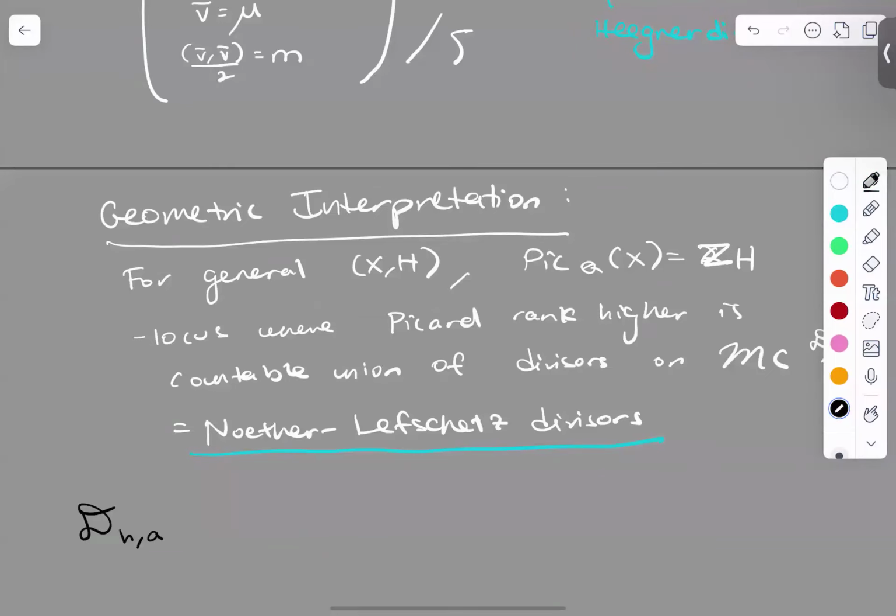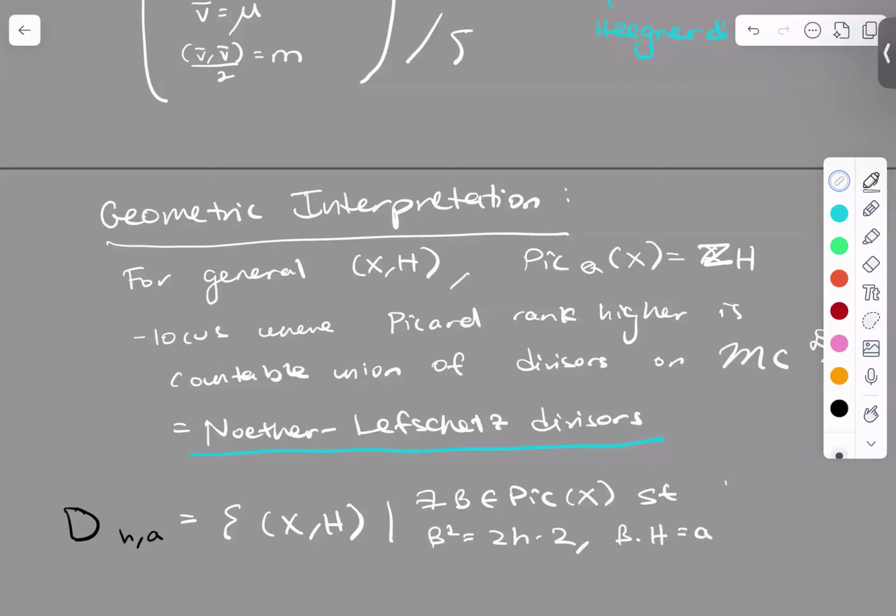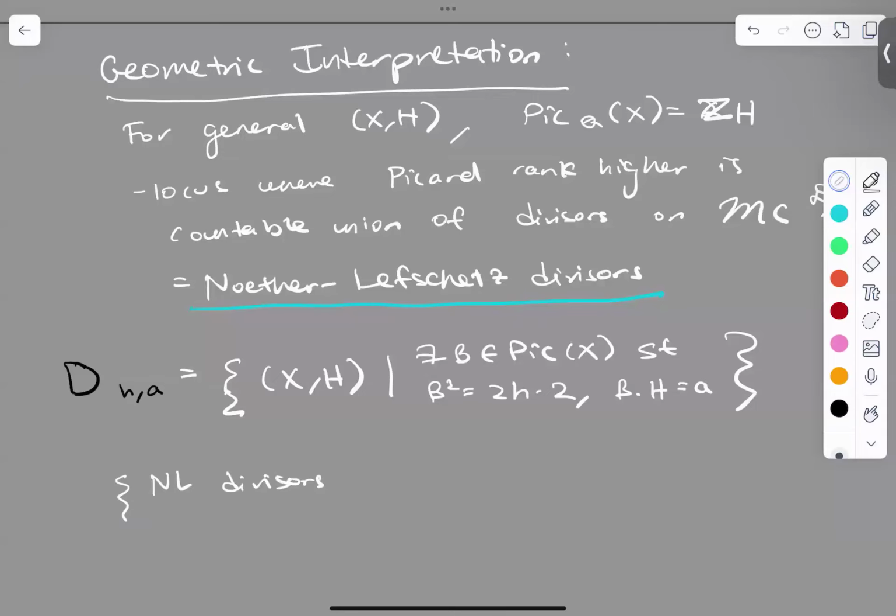And what is this? This is the set of pairs (x, h) where there exists an extra class in the Picard group of x, such that I record the numerical data of the square of this class with itself and its square with the polarization. Okay, so this is some divisor. And it turns out that this set of Noether-Lefschetz divisors, defined in this totally geometric way, is actually equal to the set of Heegner divisors, which were defined in this purely lattice theoretic way.